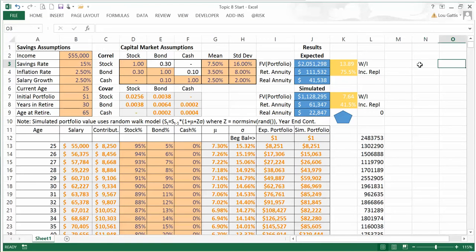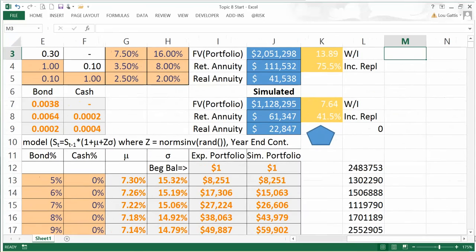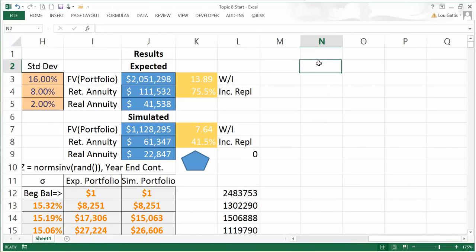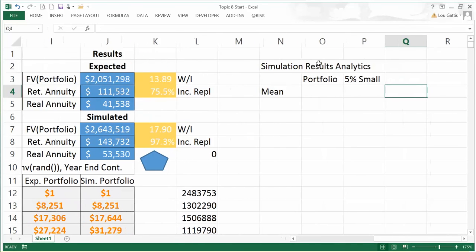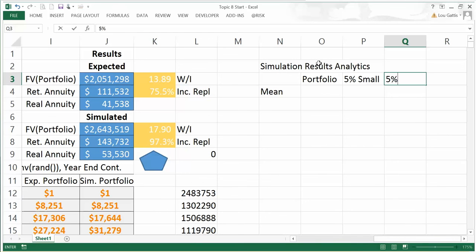So let's do simulation results analytics, and we'll look at the mean portfolio, and then we'll look at the 5% smallest, 5% largest, and then we'll also look at the retirement annuity and then real annuity.